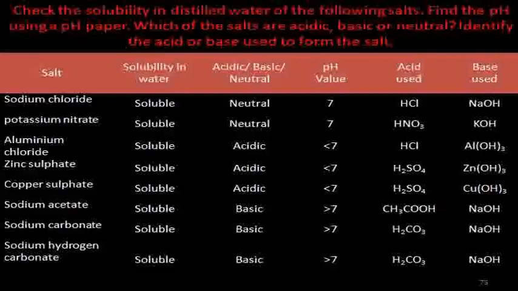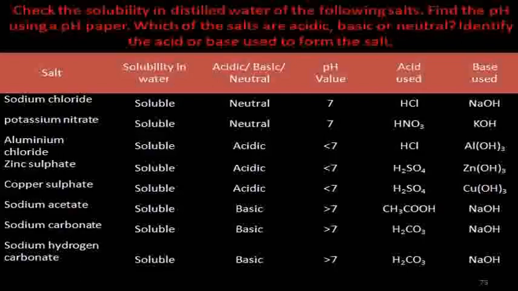And acidic, basic, neutral. So the first one is sodium chloride. Sodium chloride is neutral because the pH value indicates 7. When it is soluble in water, it is dissociated into HCl and NaOH, hydrochloric acid and sodium hydroxide.